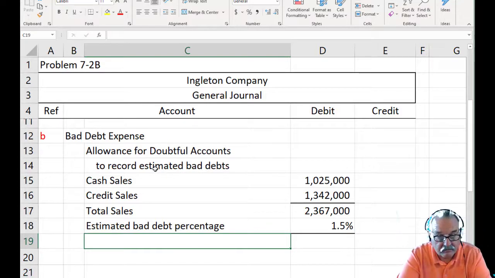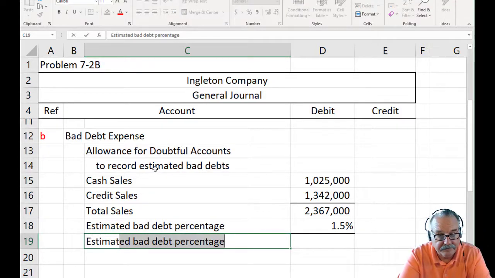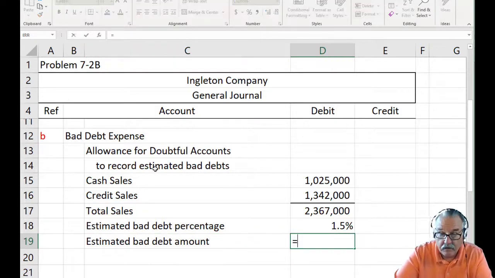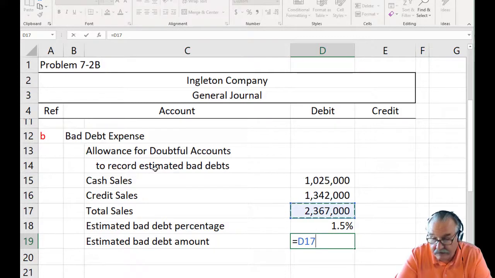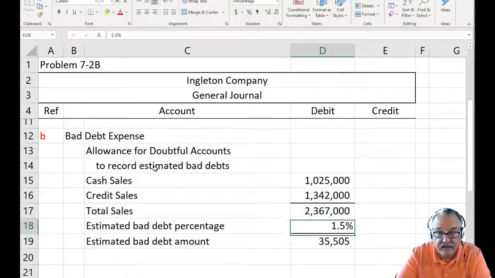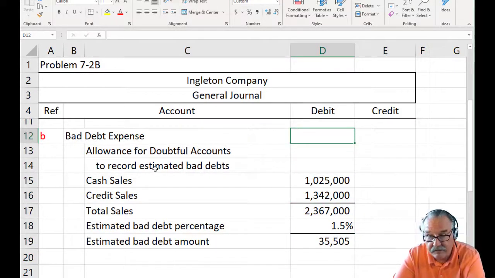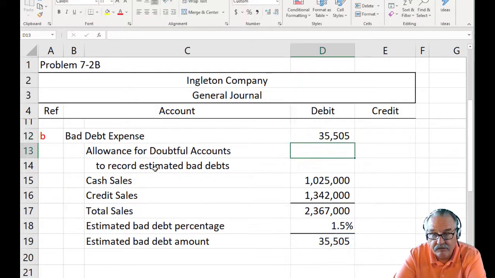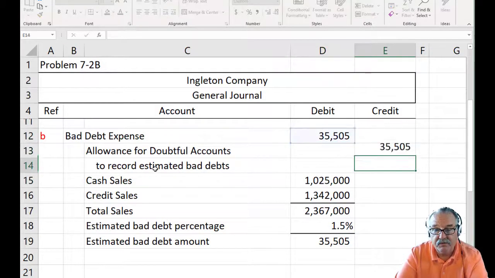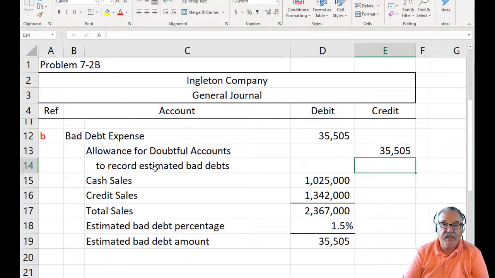So our estimated bad debt amount is the 2,367,000 times 1.5%. That's 35,505. So both of these approaches for A and B is based on sales or the income statement. And we just used a different percentage, one based on credit sales, the other based on total sales.